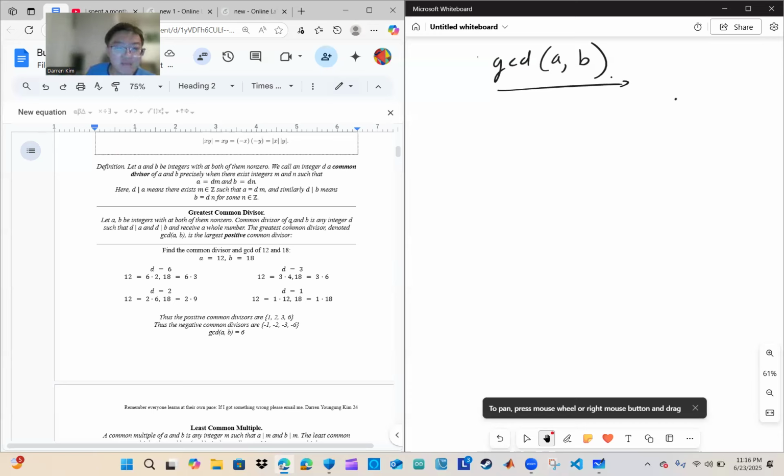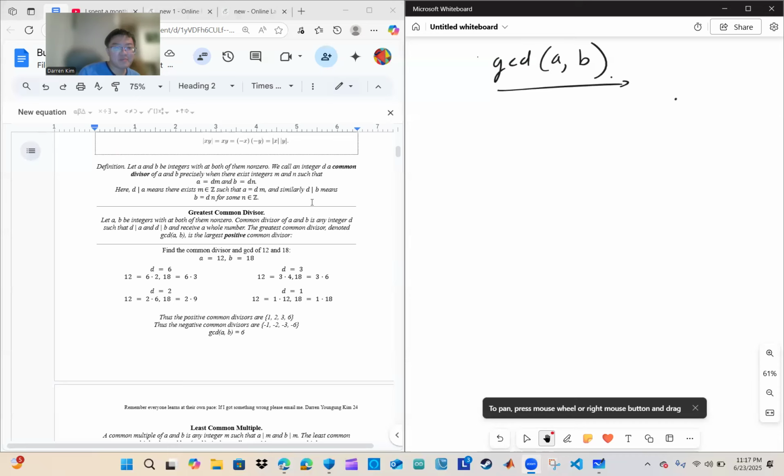Let A and B be integers with both of them non-zero. This was elementary, so my brain was trying to recall that, and it wouldn't come back to me, so luckily ChatGPT helped me a little bit to coax the formal definition out of my head.